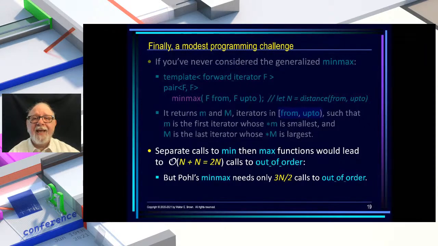The key is in that coefficient 3/2. Instead of making two calls to out of order per value, because you have n values, we make 3 calls for every pair of values. That's where the 3/2 comes from. So that's as much of a clue as I'm going to leave you with in this talk.